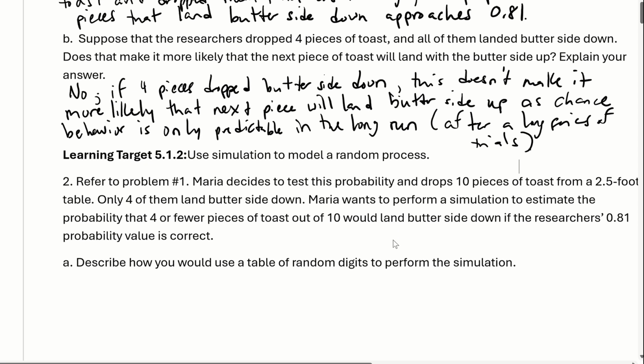Okay, so in your own words, your answer should be kind of similar to that.